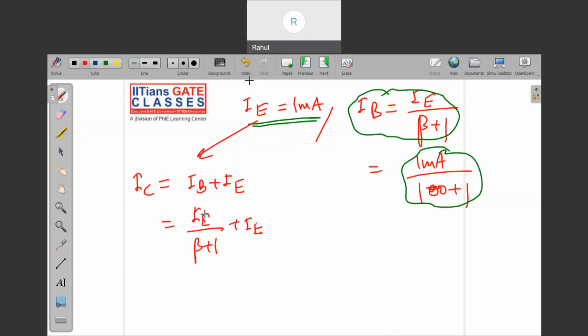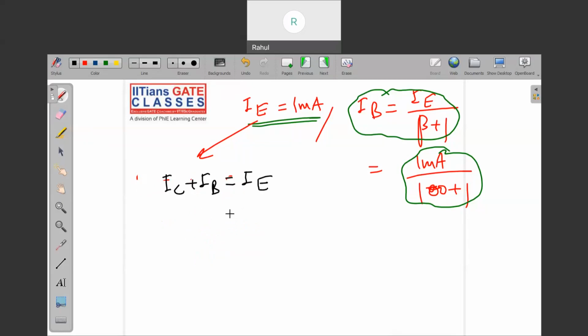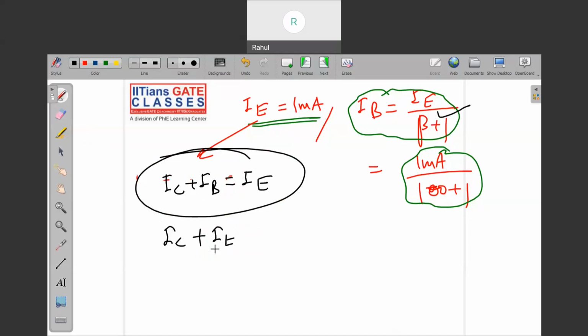Wait 1 minute. Right, the total current IC plus IB will be equal to IE. This is the node equation, correct? So in place of this IB, you can place IE upon beta plus 1, equal to IE. I'm just deriving the formula for you.